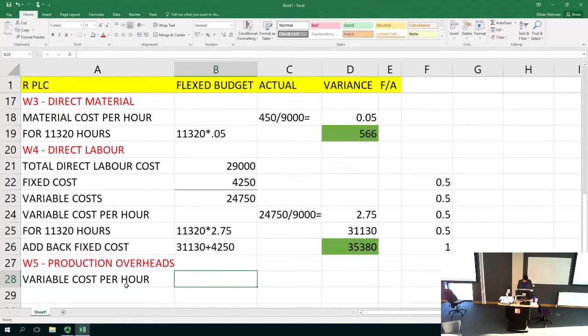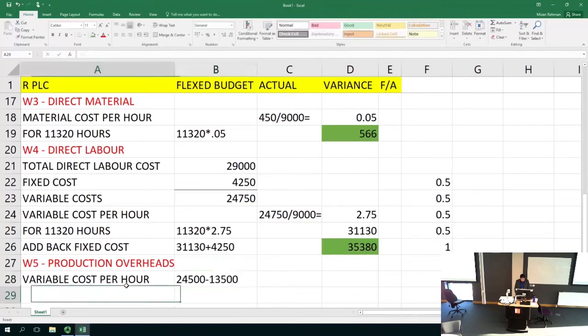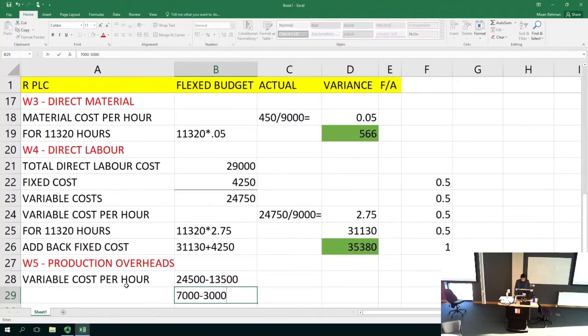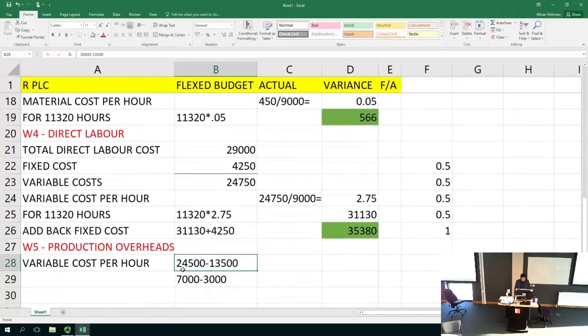And for this, we need to have cost at high level, 24,500 minus 13,500 and 7,000 minus 3,000. So I have picked two activities.